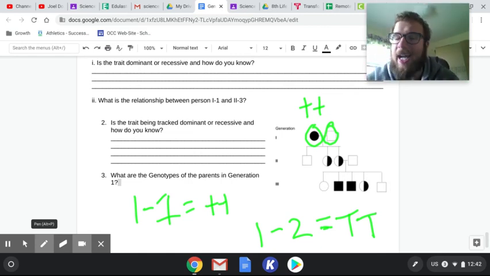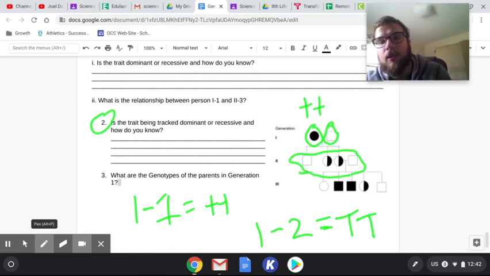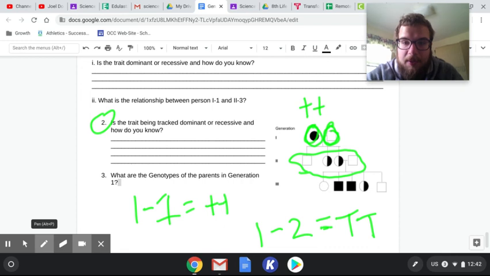Now, how did I know about dominant versus recessive for the original people? Remember, we determined in question 2 that this is recessive because it skips that generation. So if we know it's recessive and this person's affected, we know they have little t. And if this person's not affected and not a carrier, they don't have a single little t. Okay.